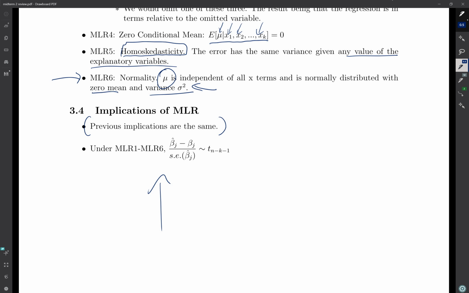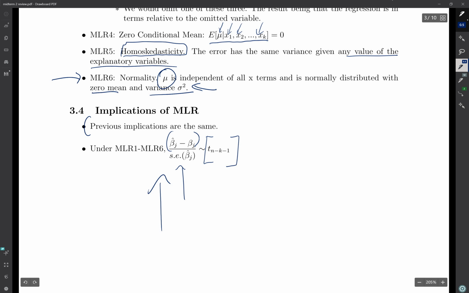Okay, all the implications of the other ones are the same, but now with this new assumption, then we can say, well, the difference between our estimate and the actual value, which we assume most of the time through our hypothesis testing to be 0, but we could use other numbers, but the difference between these two over the standard error of the beta term is t distributed.